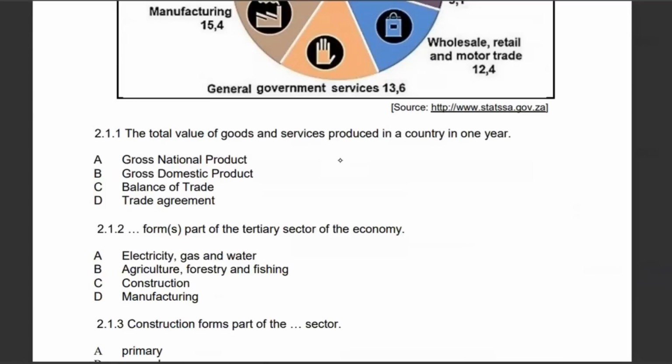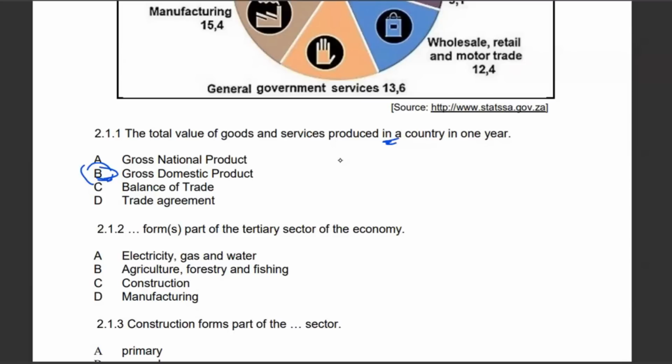The term here is produced in a country in 1 year. So we are saying the goods must be produced inside the borders of the country. The correct response is gross domestic product, which is B, GDP. GDP means the total value of goods and services produced in an economy within a year.